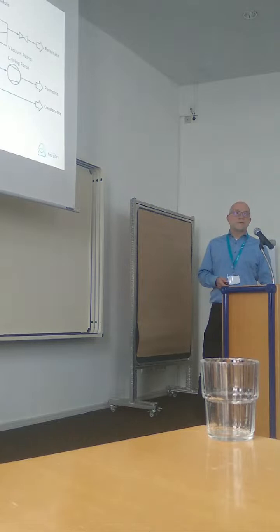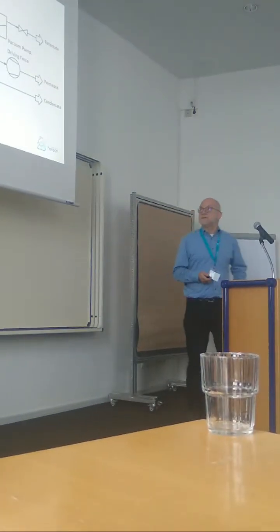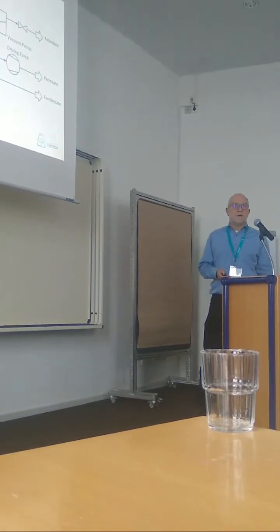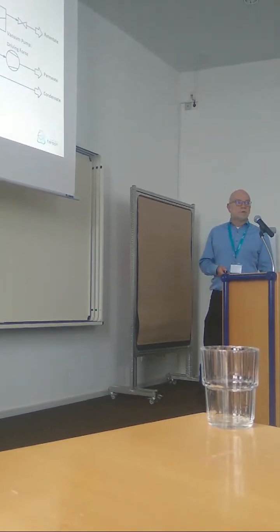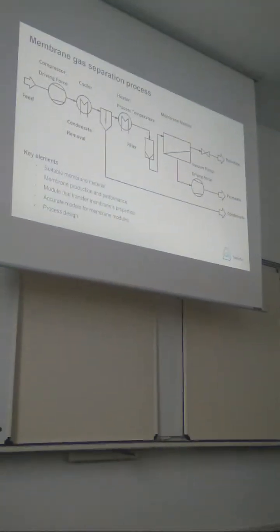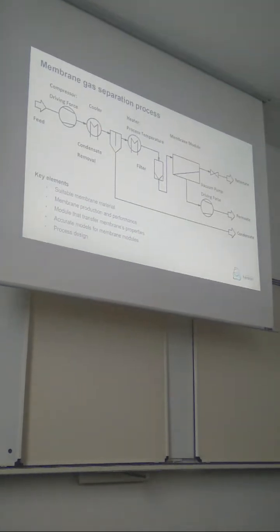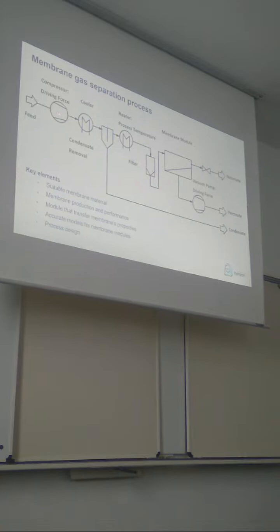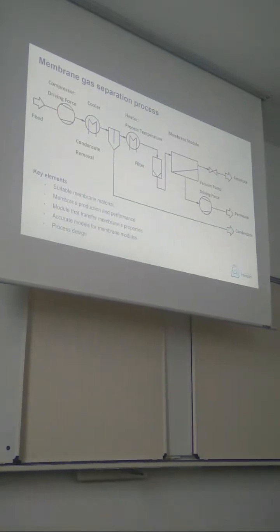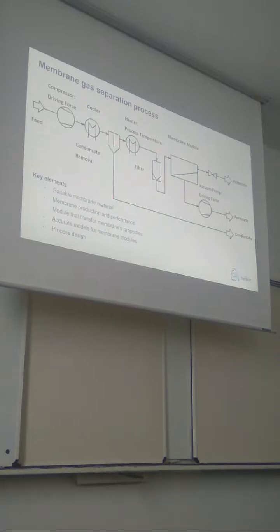For a membrane process to work, you don't only need the membrane and the membrane module it is installed in. You need something more to it. In order to convince a molecule to pass through a membrane, you need something like a driving force. The driving force is generated by pressure, so you quite often will have a compressor. The transport through membranes is also a function of temperature, so you adjust the temperature. You don't want to have any condensates on top of the membrane, so you remove them.